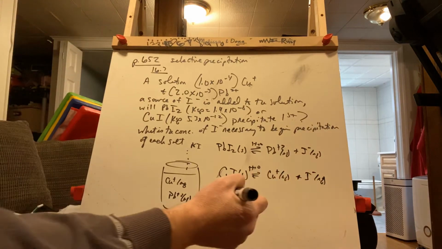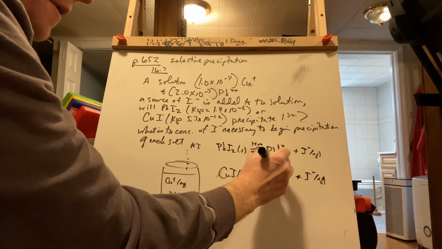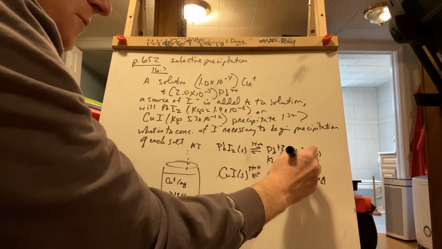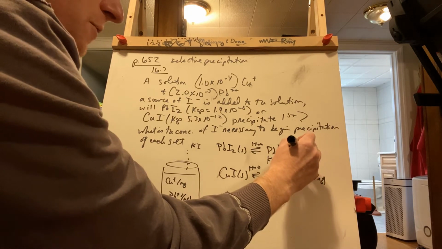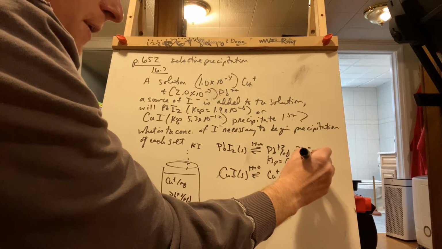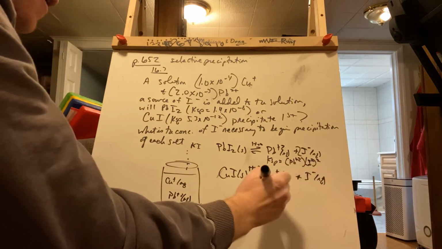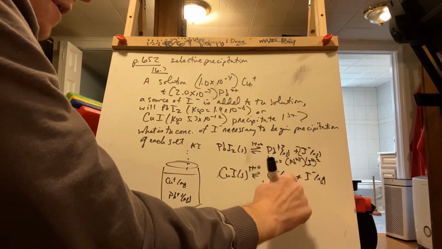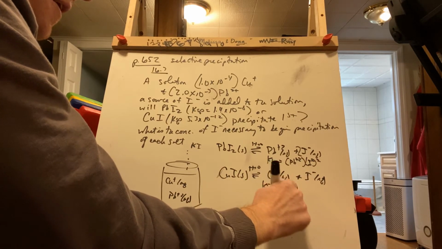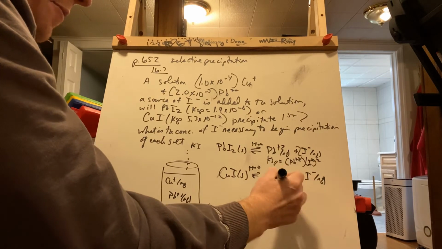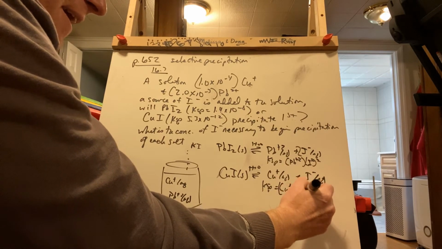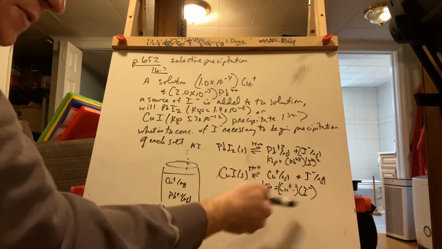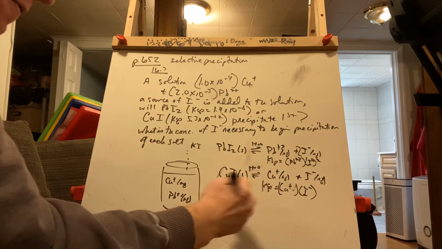So our KSP for this one is Pb2 plus times I minus squared. And then this KSP equals Cu plus times I minus. Those are our two expressions. We solve for each of them.